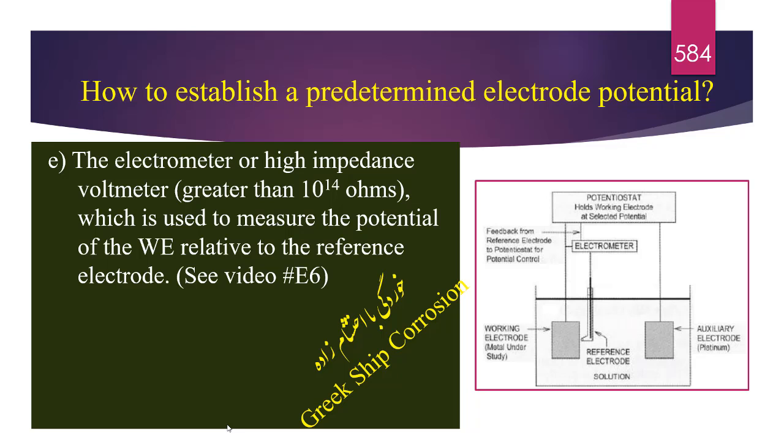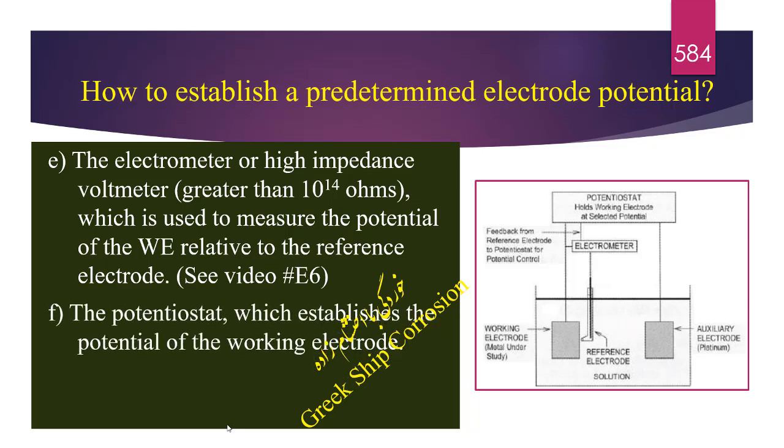E. The electrometer or high impedance voltmeter, greater than 10 raised to 14 ohms, which is used to measure the potential of the working electrode relative to the reference electrode. See video number E6. F. The potentiostat, which establishes the potential of the working electrode.